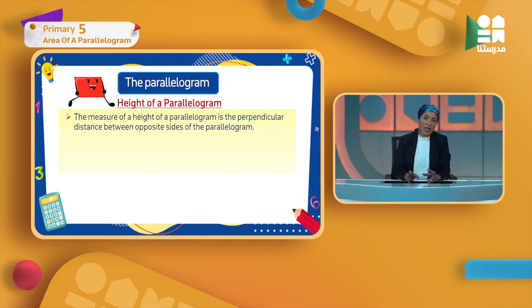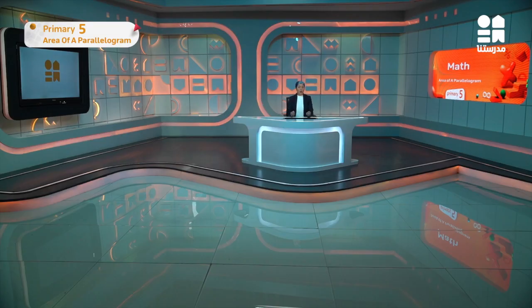When we talked about the area of a triangle before, we said that the height is the perpendicular from one of the three vertices onto its corresponding side, while here it is the perpendicular distance between two opposite sides. How do they look? We'll take it later. We have two possible values for the height depending on which pair of opposite sides are chosen.